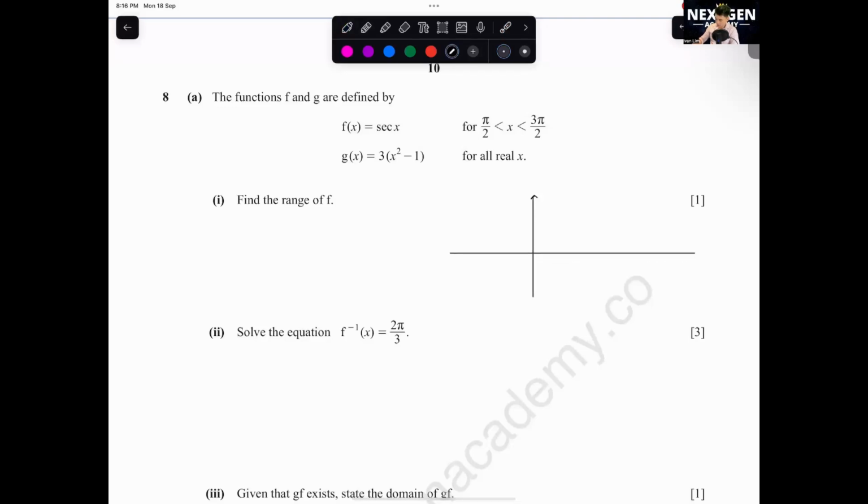Sketch this out. Okay, secant graph is like this, and like that. Now here is 90 degrees, here is 270 degrees. So here 180, here 360.